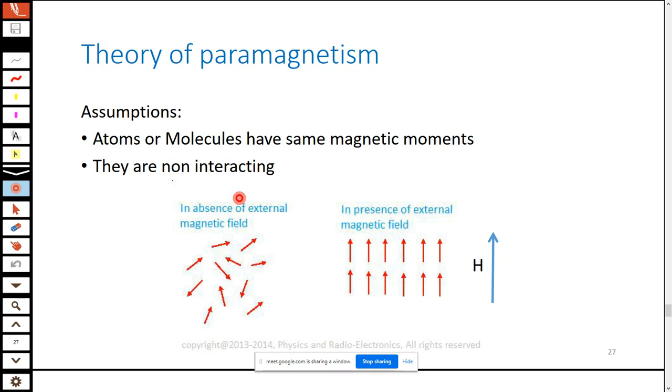Any theory developed until about 1915 was mostly classical. They were able to explain paramagnetism and diamagnetism really successfully, but they were not successful in explaining ferromagnetism. Therefore, one has to go from a classical explanation to a quantum mechanical understanding of magnetism.